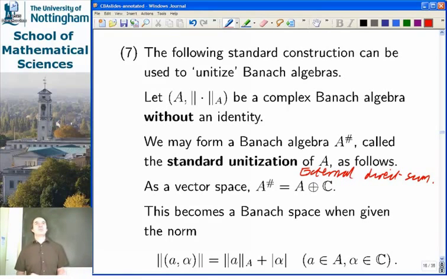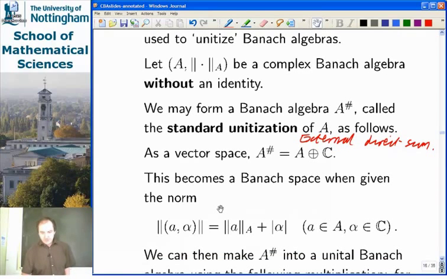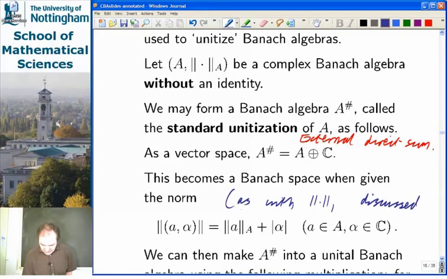The first coordinate is in A, the second coordinate is a complex number. And we already know that becomes a Banach space. This is the norm 1 we mentioned earlier, discussed near the closed graph theorem material.